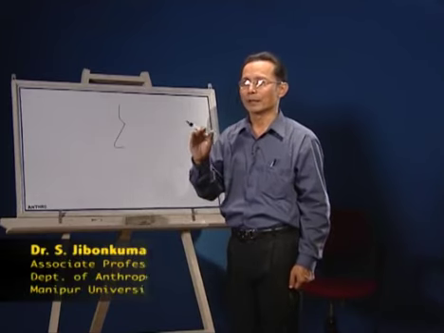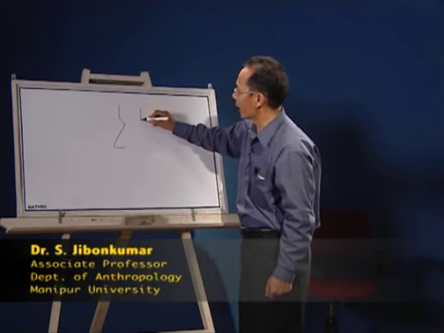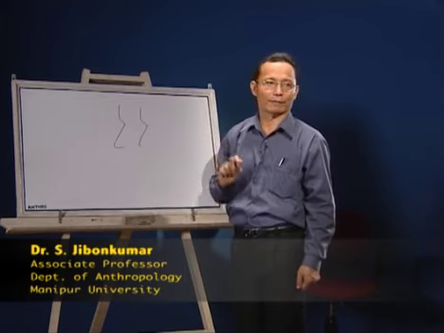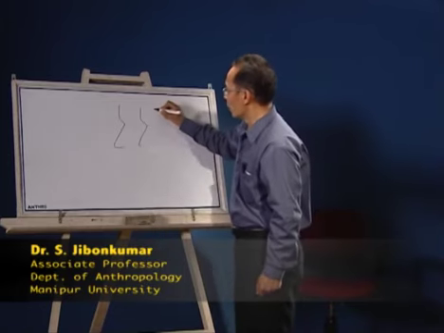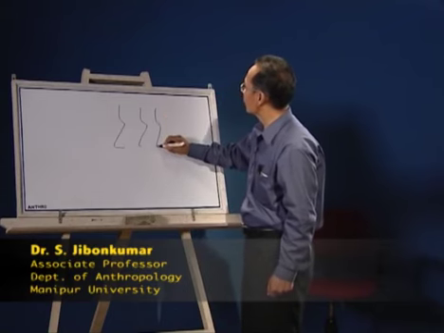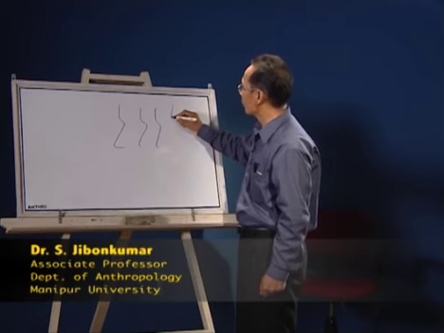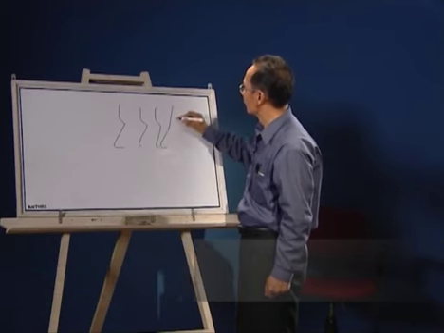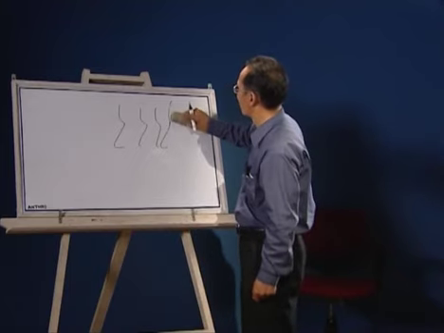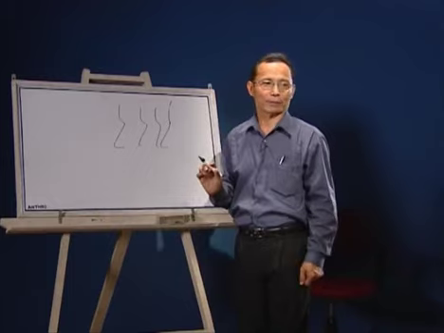Sometimes, instead of saying high, we call it shallow: shallow, medium, deep. For example, this is the forehead, and if it is like this, then we say it is deep. When it is like this, we may say it is medium. And when it is almost like this, then we may say it is shallow or high.